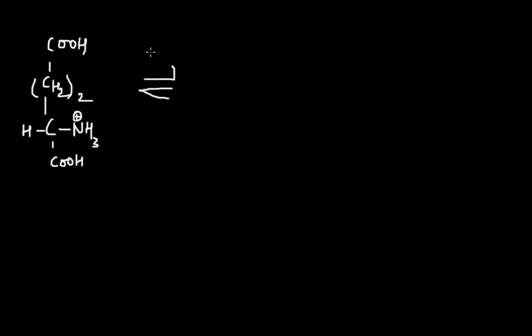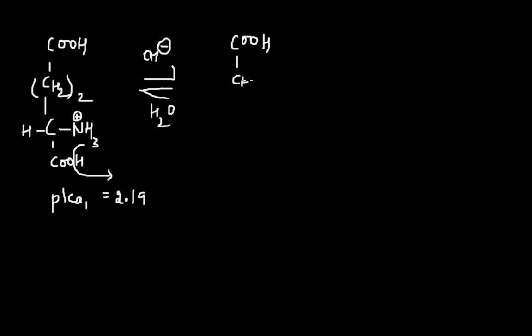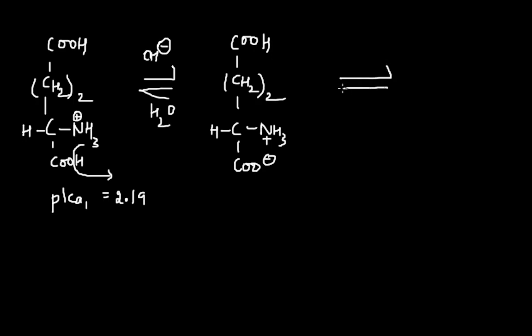Now here when you add base, pKa1 is 2.19, which means this particular proton is removed when base is added. Then when some more base is added, the proton that is removed is this particular proton.